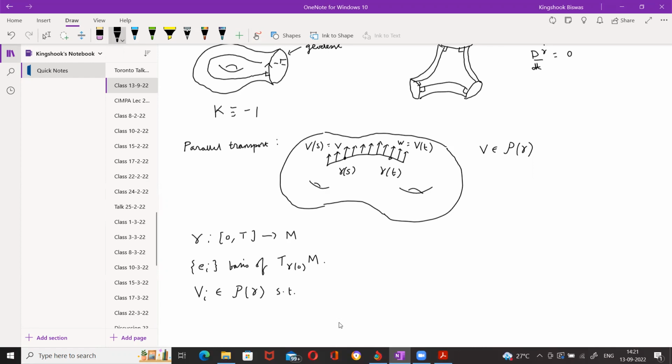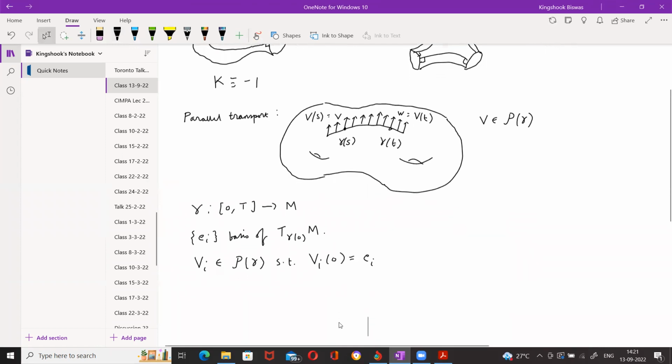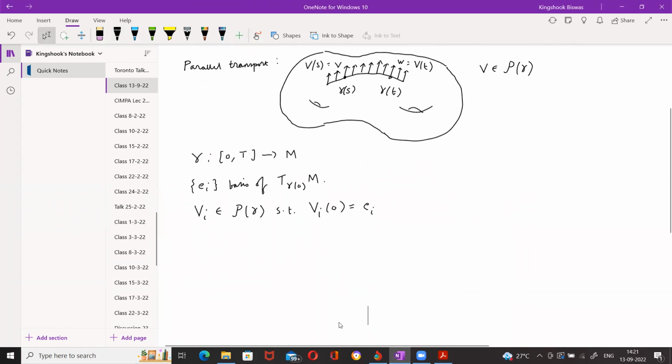such that V_i(0) is equal to e_i. Right? So then if I look at the parallel transport isomorphism, say P_{0,T}, this goes from the tangent space at gamma(0) to the tangent space at gamma(T).